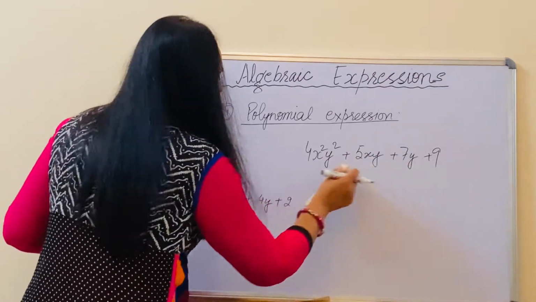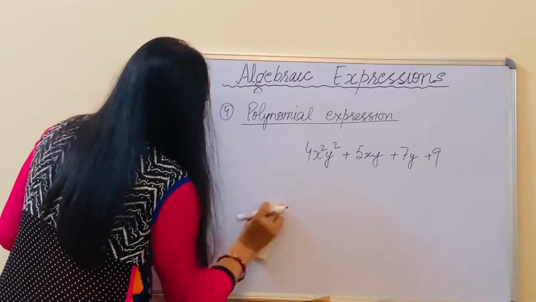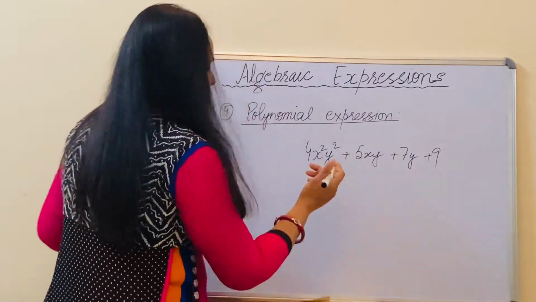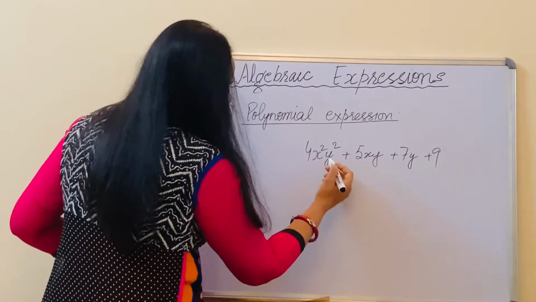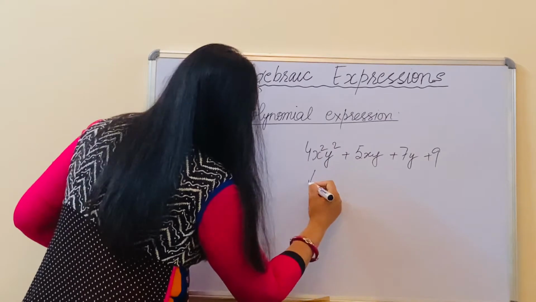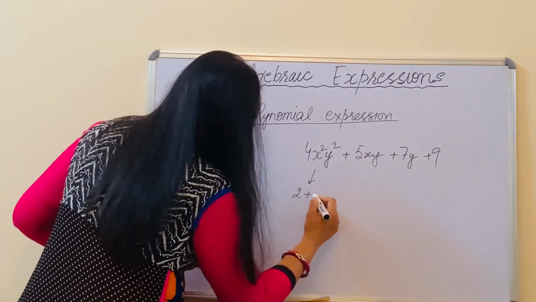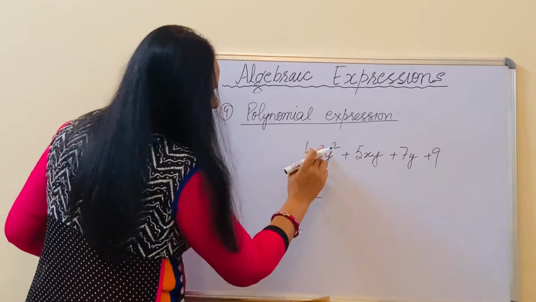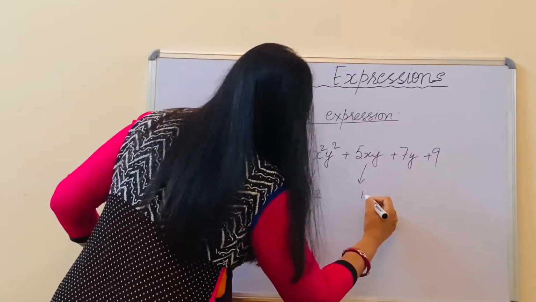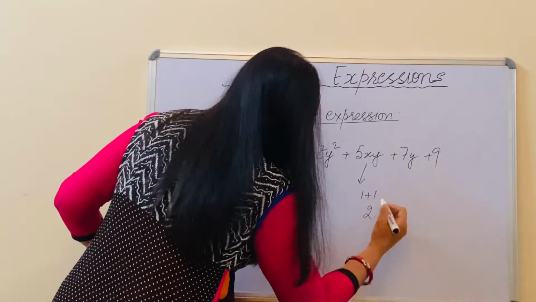Now what happens in such a polynomial expression where we are having a number of variables? For calculating the power of 4x square y square, we can simply add 2 plus 2, means the power is 4. Here the power is 1 plus 1, which is 2.